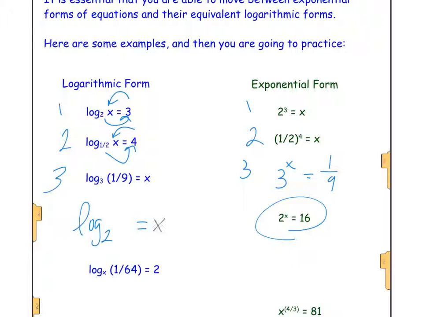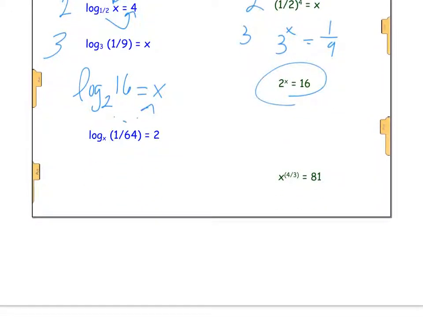So we're going to write equals x, because if I were to draw my arrow, it would go 2 to the power of x, and that's going to equal the number on the other side of the equal sign. So 2 to the x equals 16. That's how you go from exponential form back into log form.